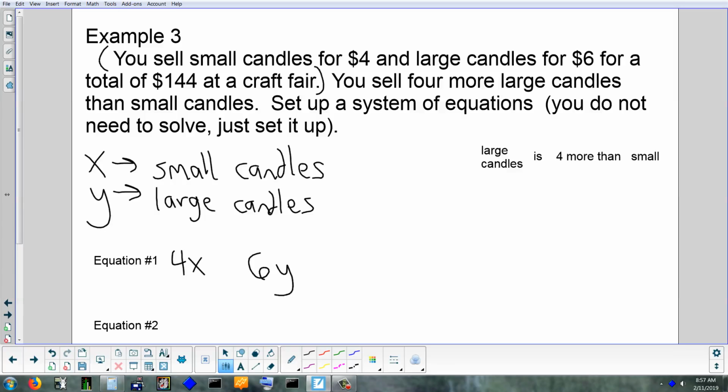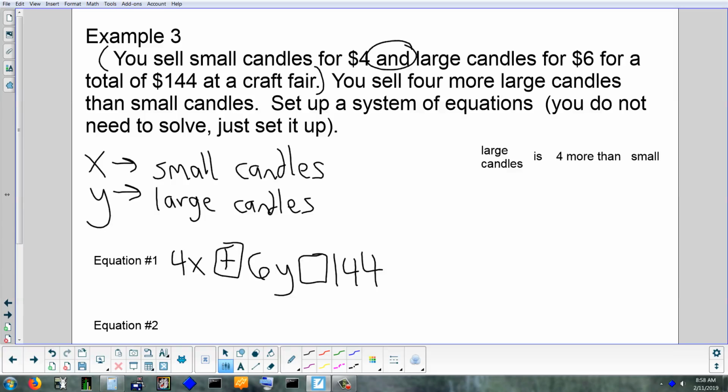The first sentence is the first equation. 144. Now I'm going to put a couple boxes here. I put 2 boxes because in those boxes there needs to be some signs. What sign's going to go in the first box? Plus, right? Because we're combining the amount we sold. And it tells me to add.